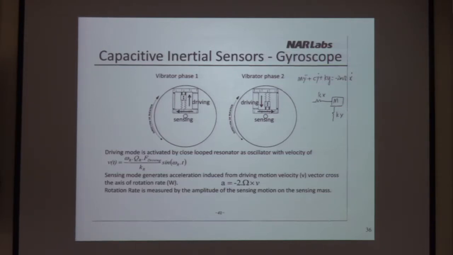So what is Coriolis force? Can you repeat my explanation?